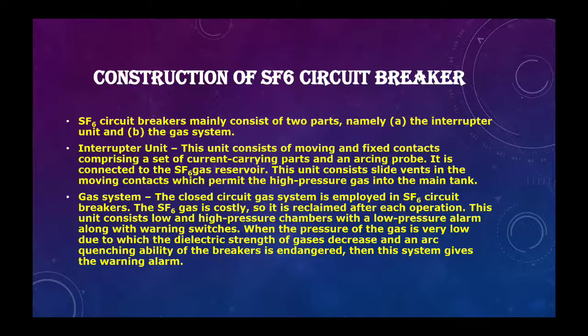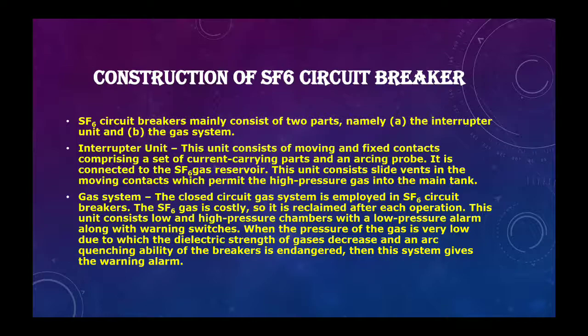Gas system. A closed circuit gas system is employed in the SF6 circuit breaker. The SF6 gas is costly, so it is reclaimed after each operation. This unit consists of low and high pressure chambers with a low pressure alarm along with warning switches.